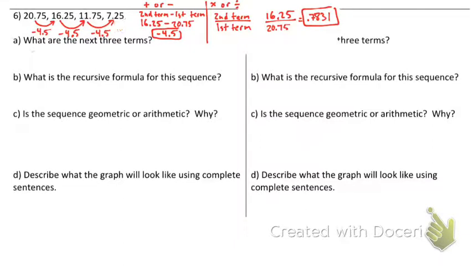So I'm going to go 7.25 minus 4.5. And my next term I should get is 2.75. Okay, and after that, let's just do it again. Minus 4.5. That's going to give me negative 1.75. It's okay to have negatives.